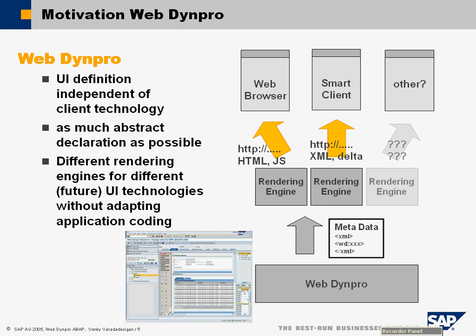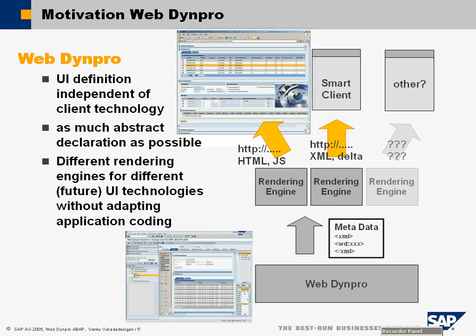So the metadata is in a neutral format, and based on the client, that is if you are invoking from IE, Internet Explorer, or a PDA, the so-called rendering engine will read the Dynpro metadata, and then render whatever is compatible with the client. For example, if the application is being invoked from a classical web browser like Internet Explorer, then HTML code with embedded JavaScript with HTTP or HTTPS protocol will be rendered to the web browser. So that's how Web Dynpro achieves client independence.